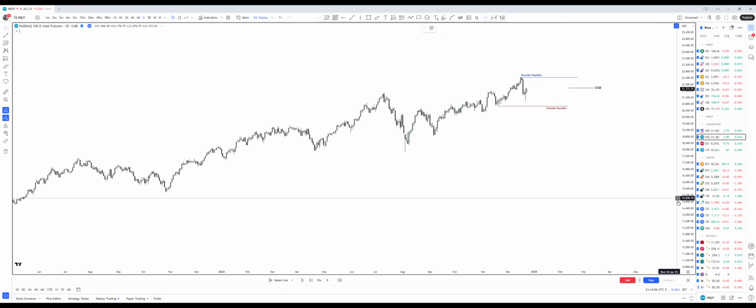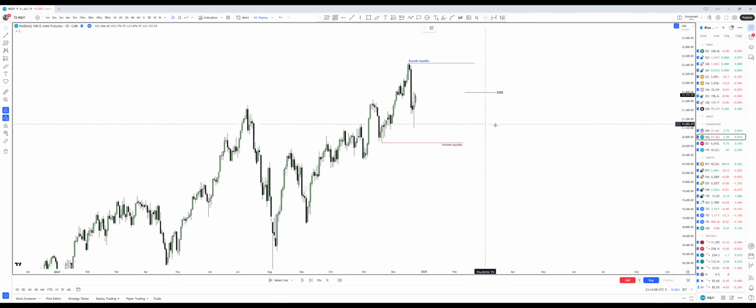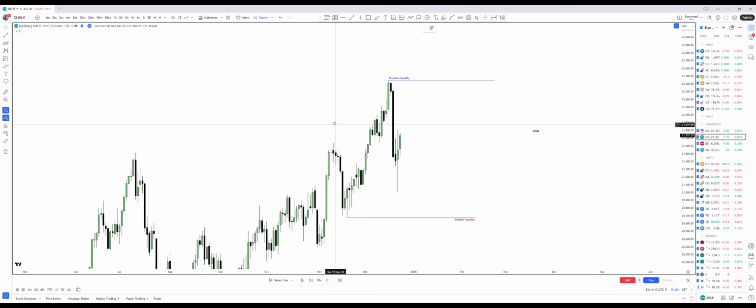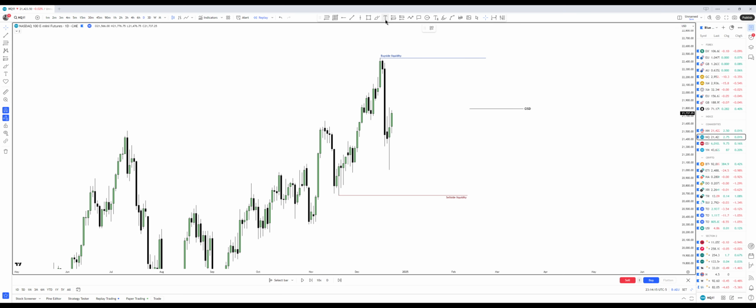So this is a beautiful example right here. Look, this is very beautiful. Why? So we took out liquidity, right?